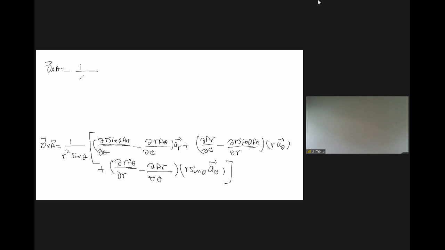So this is equal to 1 over r sine theta times d/d theta of sine theta A_phi minus, I also took this r out, d A_theta over d phi.